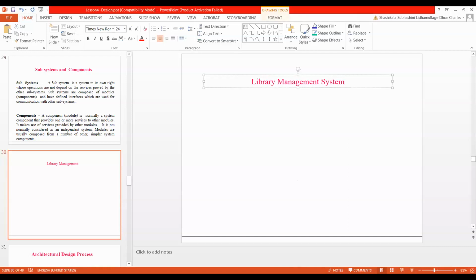Identify subsystems and components here. You need to identify in a library management system what are the subsystems and components. Do this now. You can send me the answer after identifying.